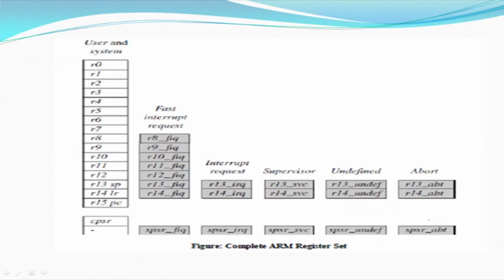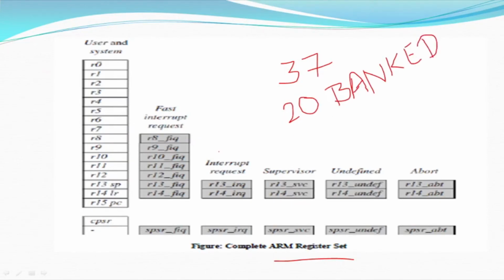This is nothing but the complete ARM register set. Totally there are 37 registers available in your ARM7. Out of this, 20 are called banked registers. These 20 registers are shown here in the shaded region, and the remaining 17 registers are shown here.